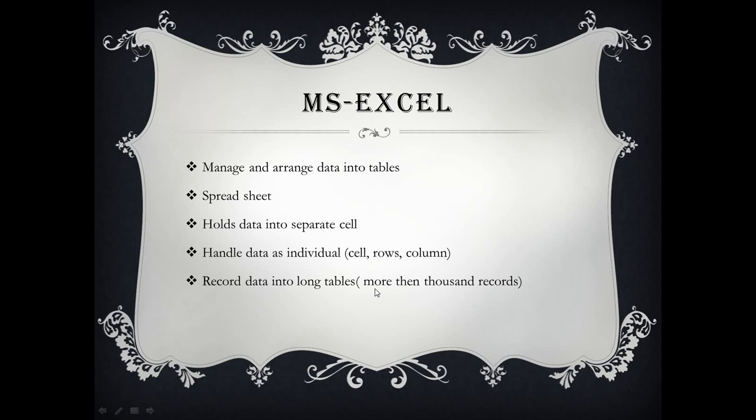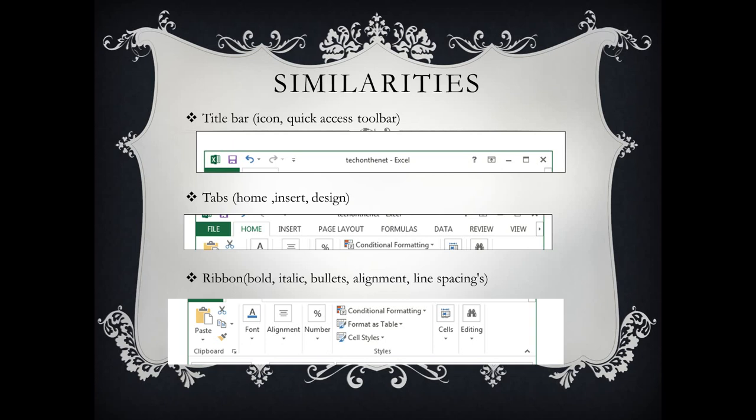Your page will support only 30 records or 30 lines or 30 forms or rows. But that is not possible if you are holding bigger data or a bigger number of records.